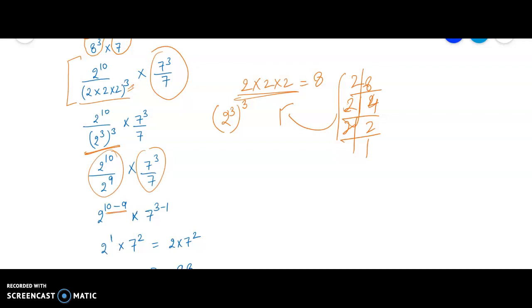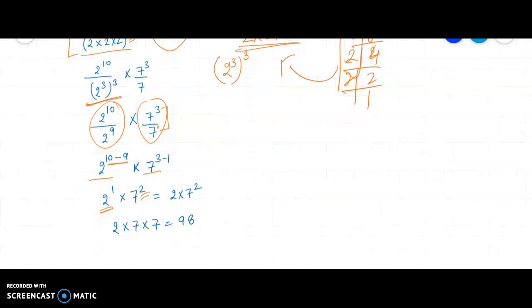I can subtract their powers for the base 2, and I can subtract their powers for the base 7. Here you know that the power is 1 already, so 10 minus 9 is left 1, and 3 minus 1 is left 2. So 2 multiplied by 7 raised to the power 2.